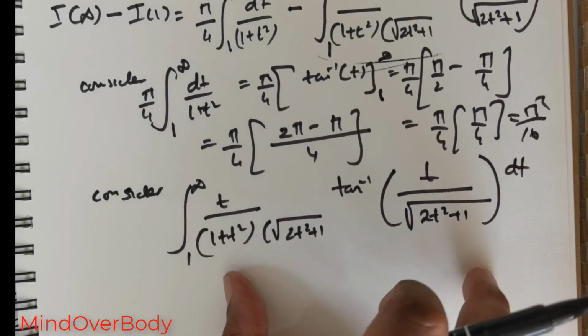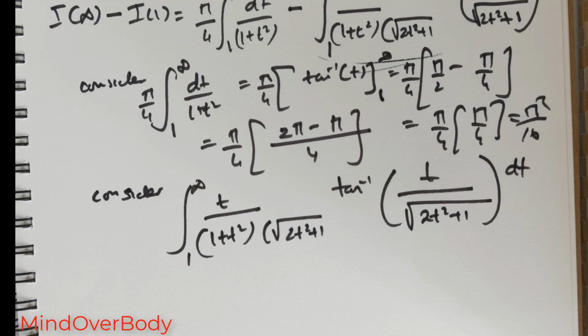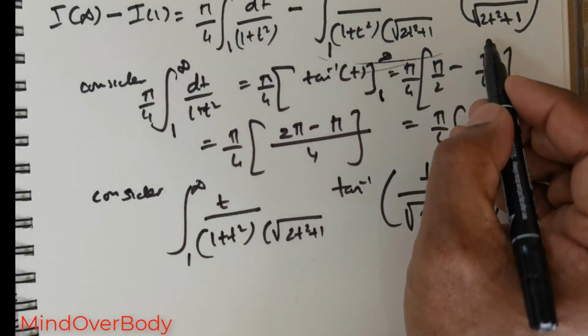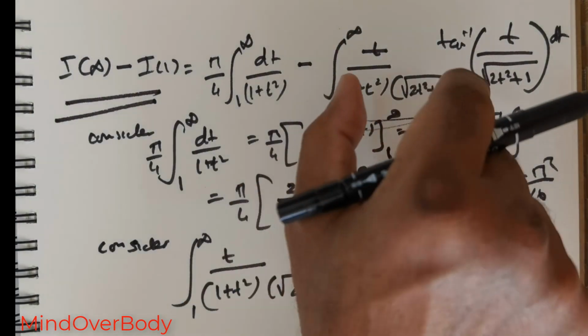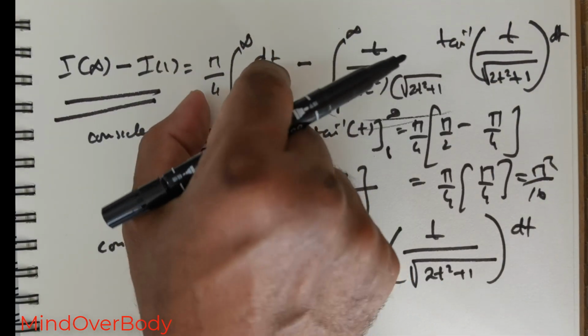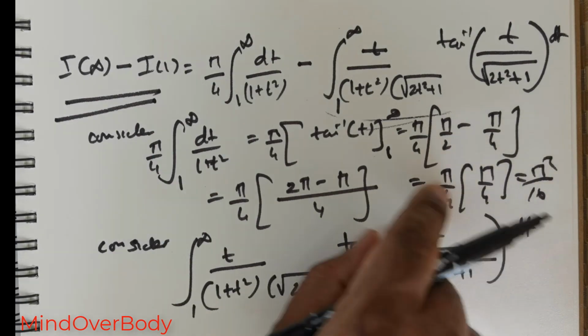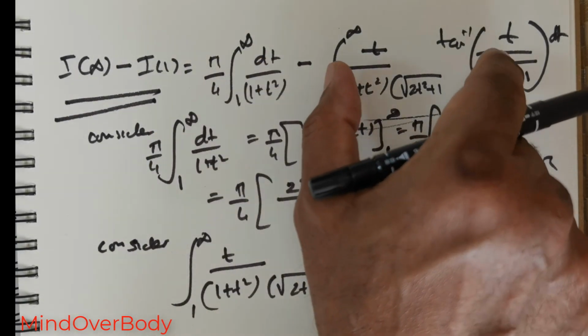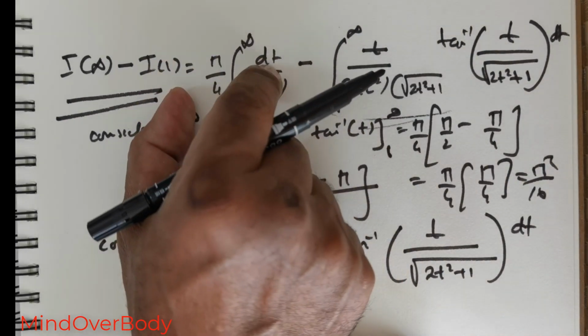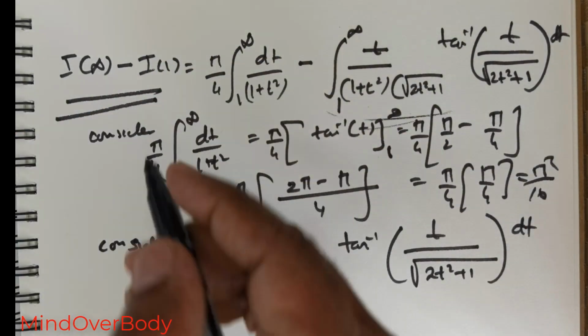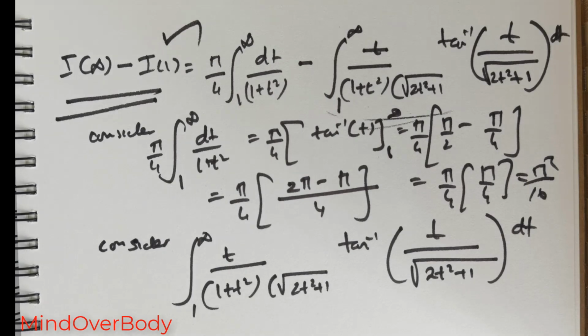So I will integrate this and then come back to the spot here and substitute the values. I already have evaluated this, it is pi squared over 16, and then all I need to do is obtain the value of this. So I will place in the value of this along with this, perform the simplification, and then I will obtain the value of I of 1.